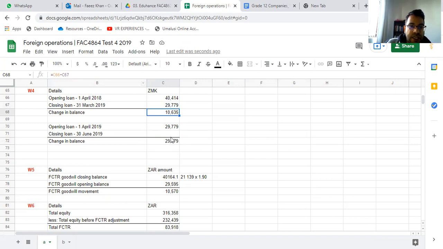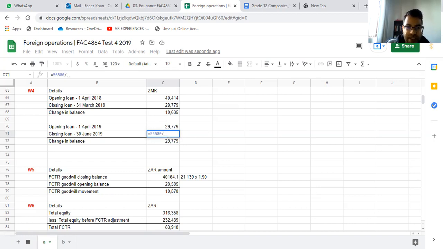Now, there was no change in the balance on 30th June 2019. So the Rand value is still the same, 56,580. And to get the foreign amount at 30th June 2019, I divide by the exchange rate at 30th June 2019.